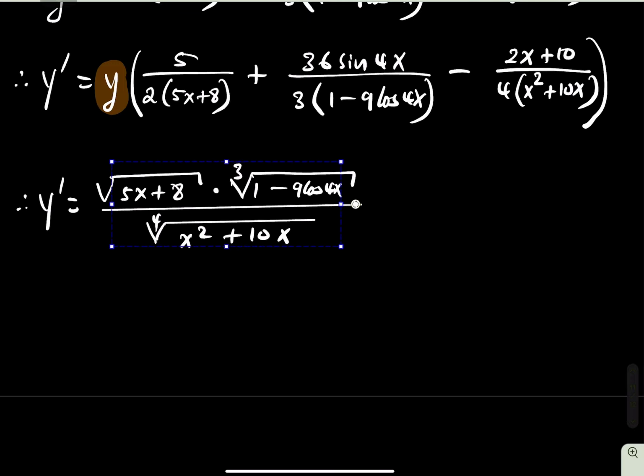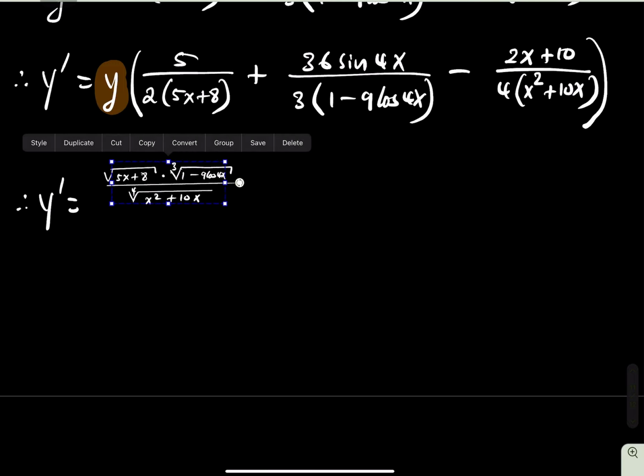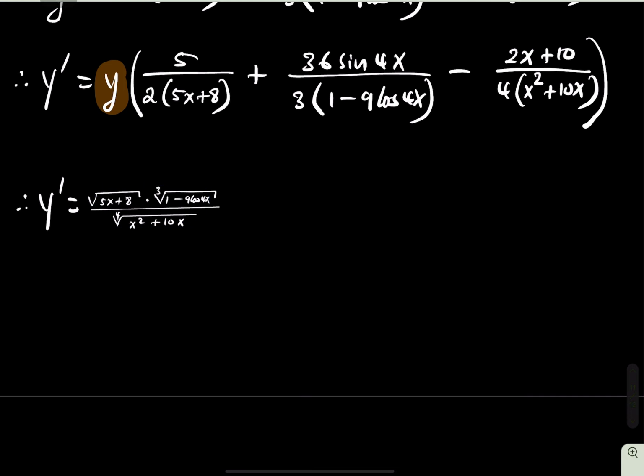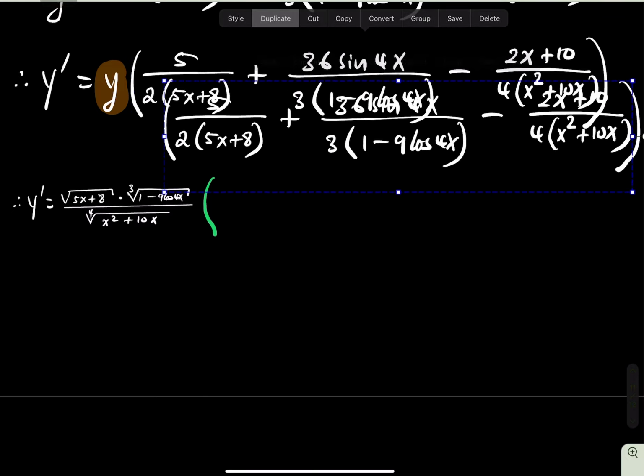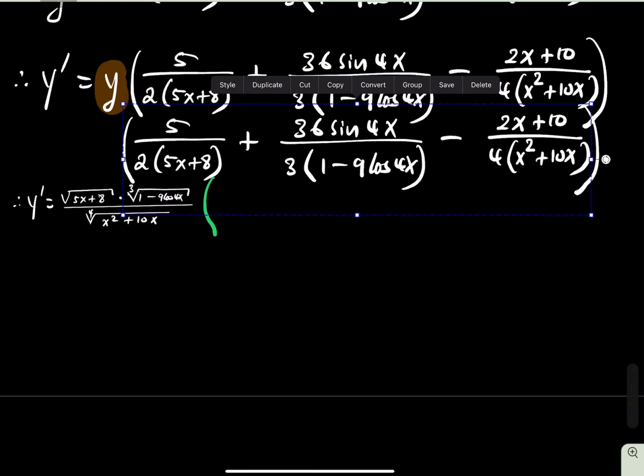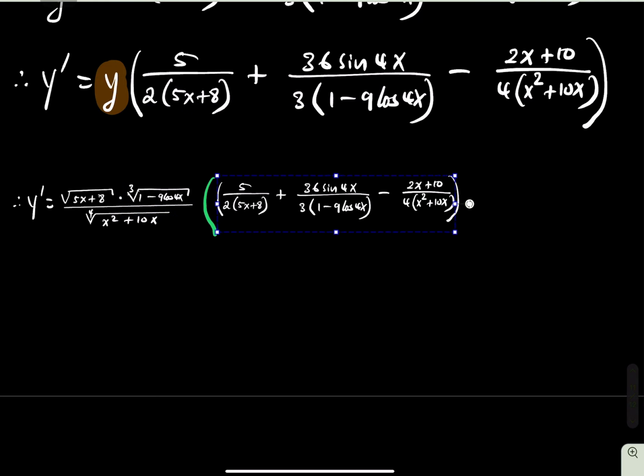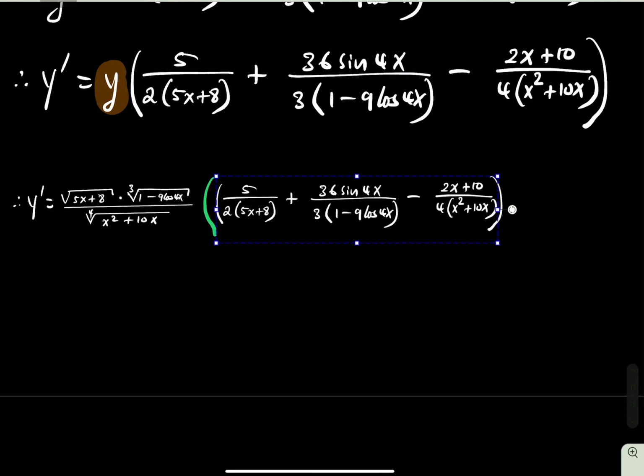Remember, this was y. So I'm just going to reduce it because I need to multiply it by this one. Remember, this is y, which is this one there. You multiply this by this whole stuff there. So I'm just going to plug it here, but let me reduce it so that I can put it nicely there.